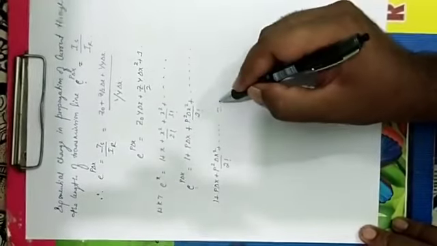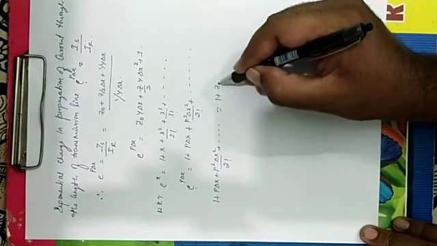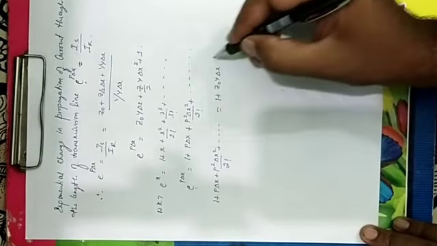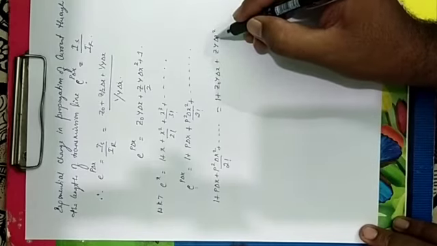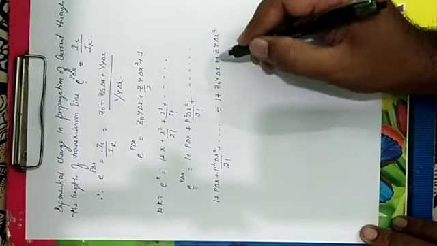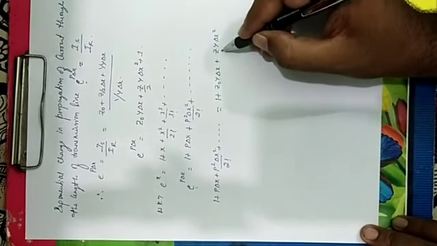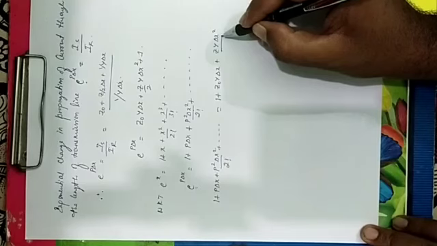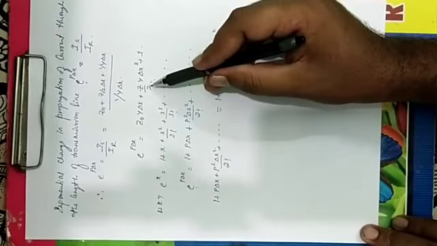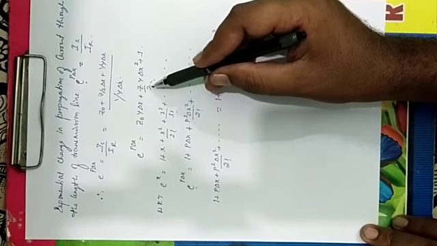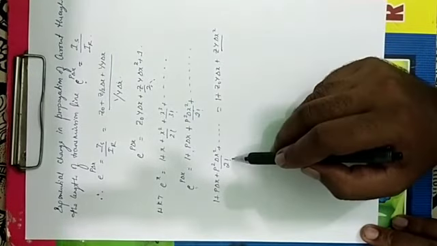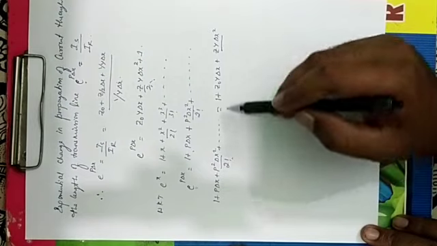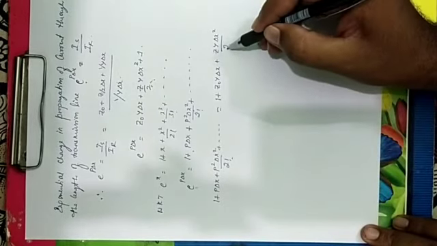I'll rearrange this equation: 1 plus Z0 Y delta x plus Z Y delta x square divided by 2.